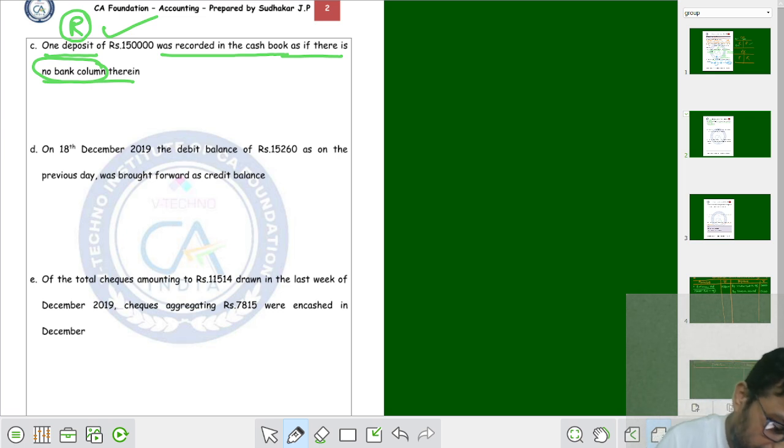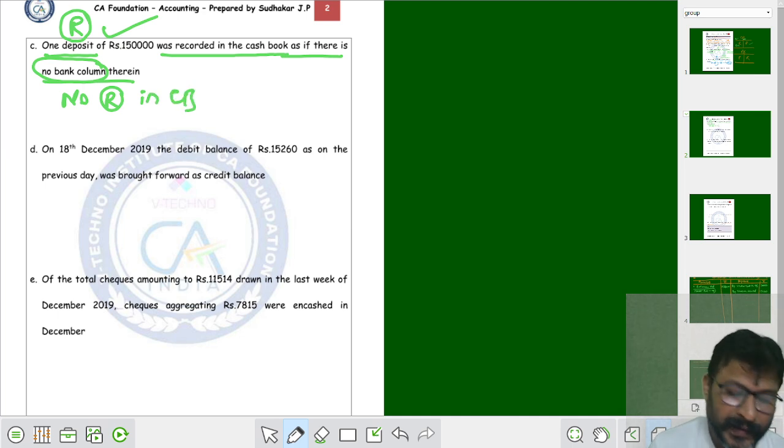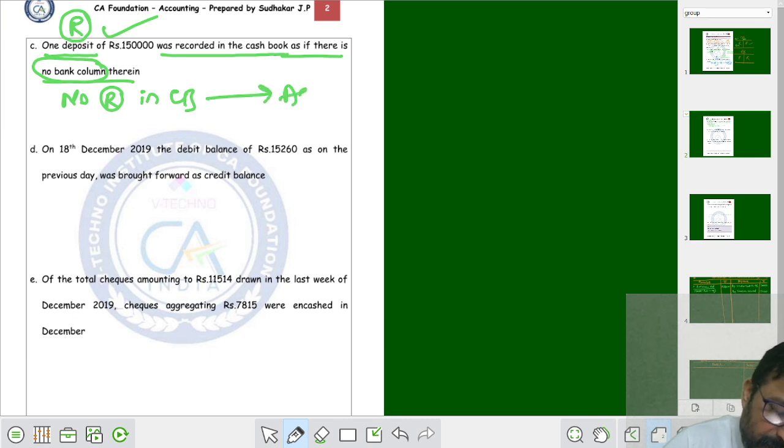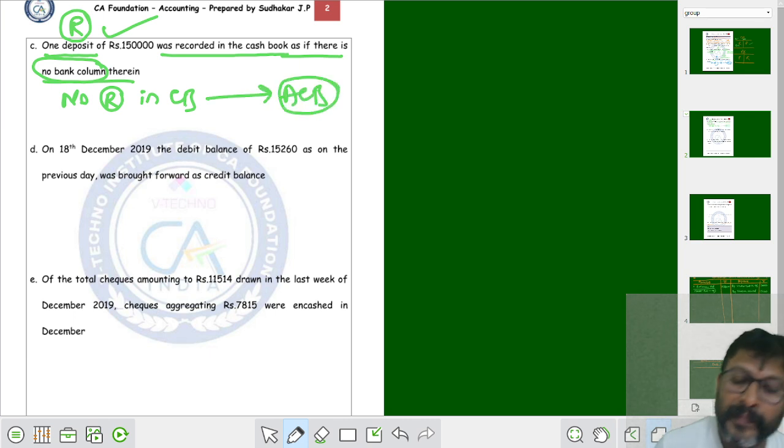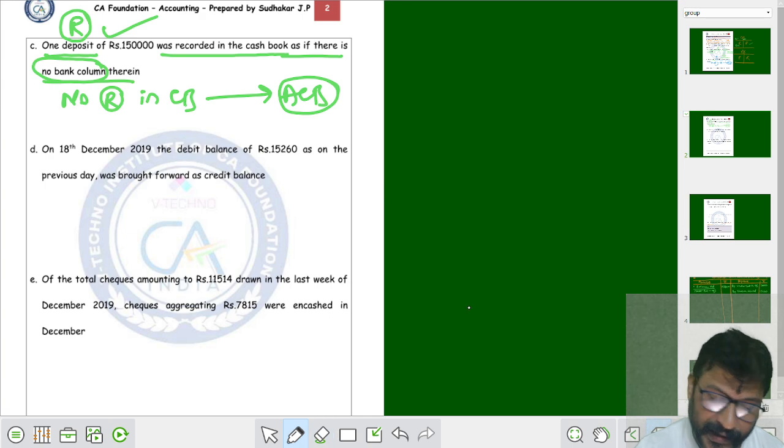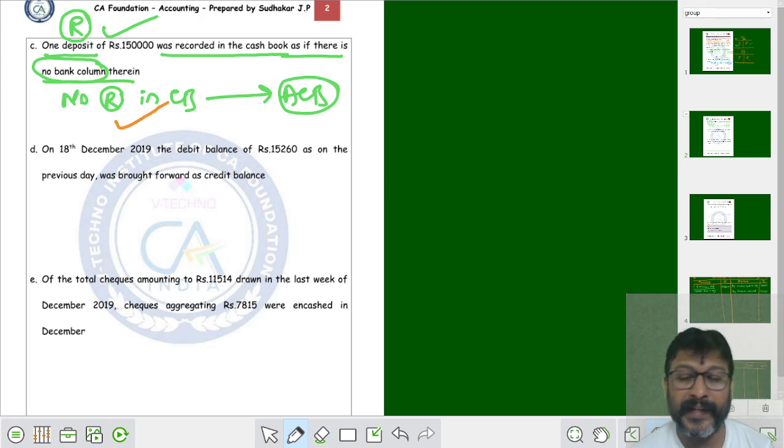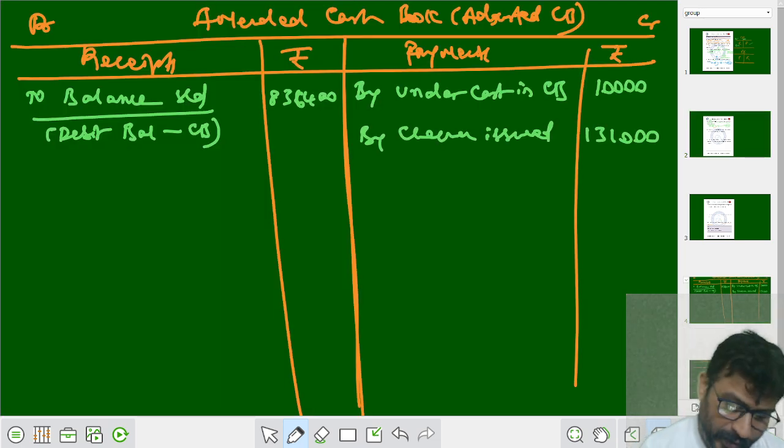Means what? We can write no receipt in cash book. Means it comes where? It comes in ACB. Which side to take? Same receipt side only. So deposit, where we have to write? In the debit side.